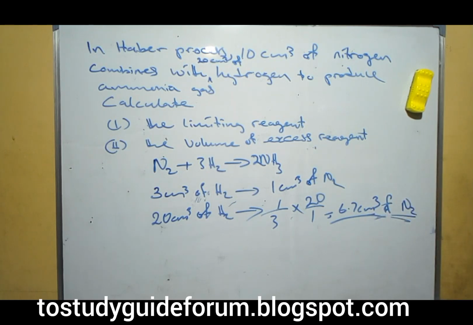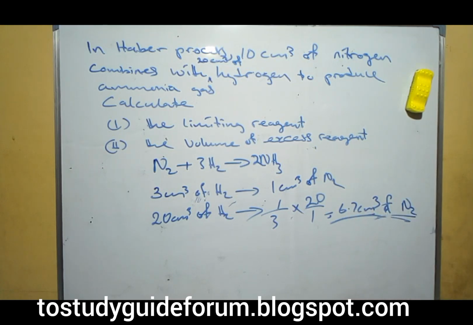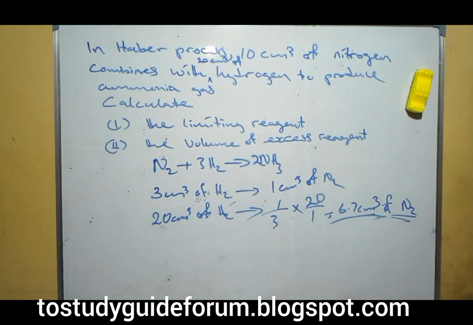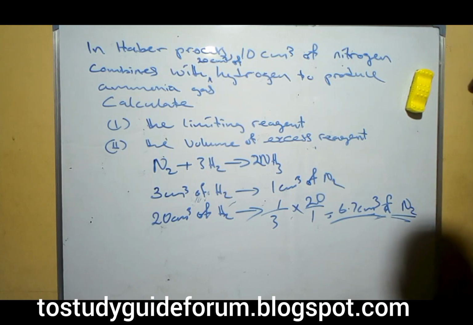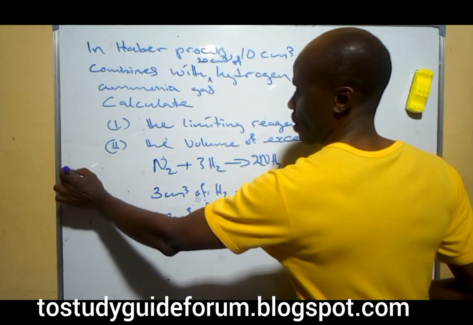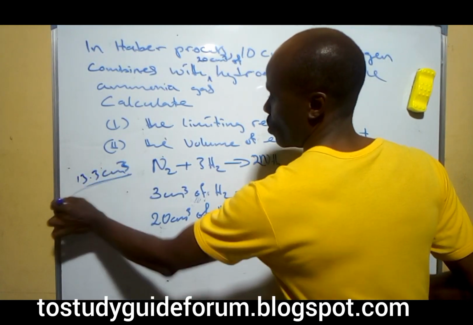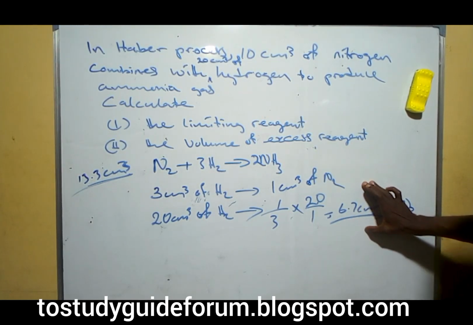So 6.7 cm³ of nitrogen will combine completely with the hydrogen to give us about 13.3 cm³ of ammonia.